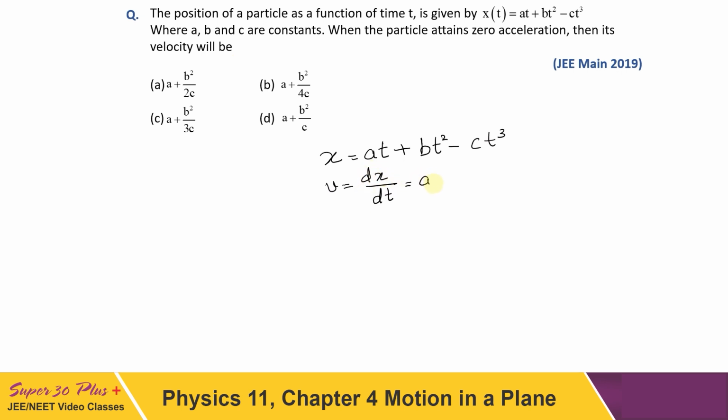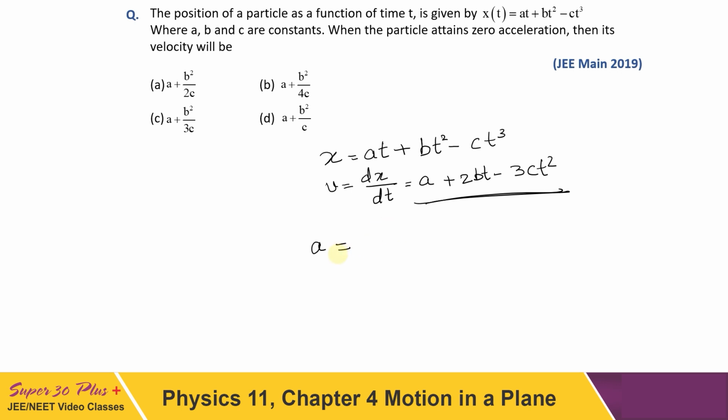It will be a plus 2bt minus 3ct square. Now it is given that we have to calculate this value when acceleration is 0.